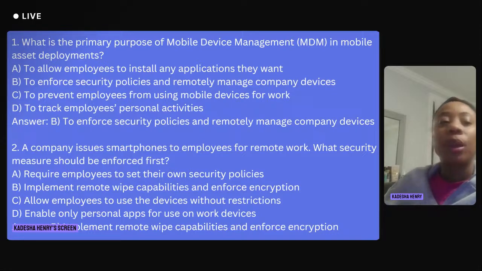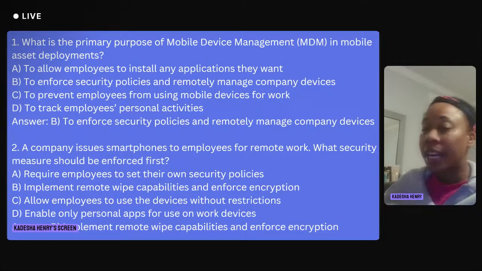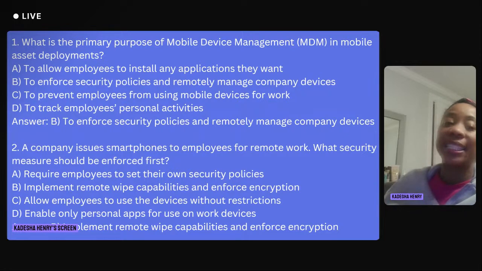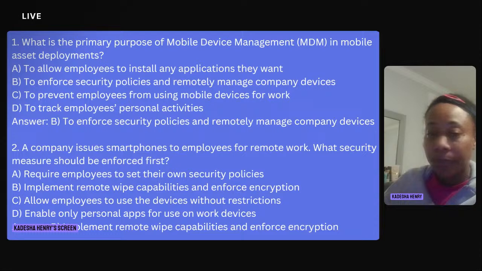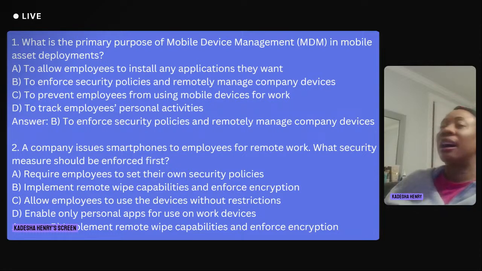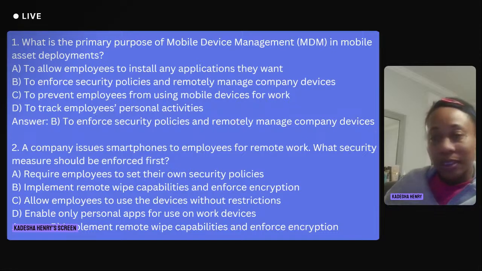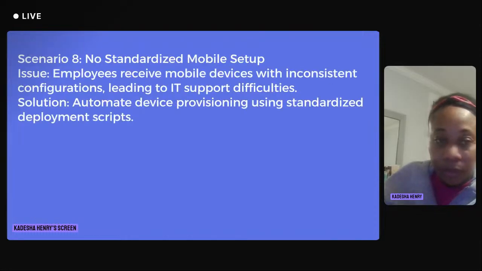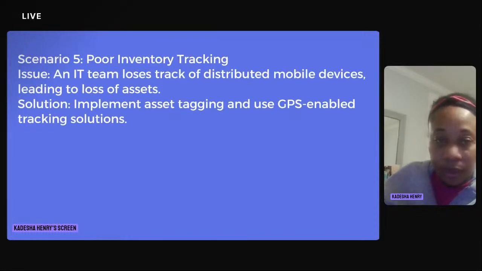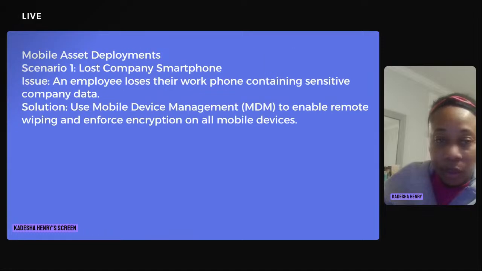Number one, what is the primary purpose of mobile device management in a mobile asset deployment? It's all about controlling and configuring, okay? Policy enforcement. Remember that? Let's go back to it.